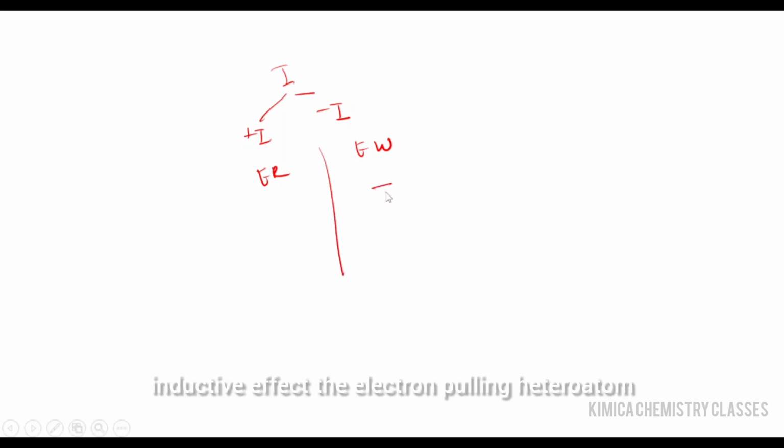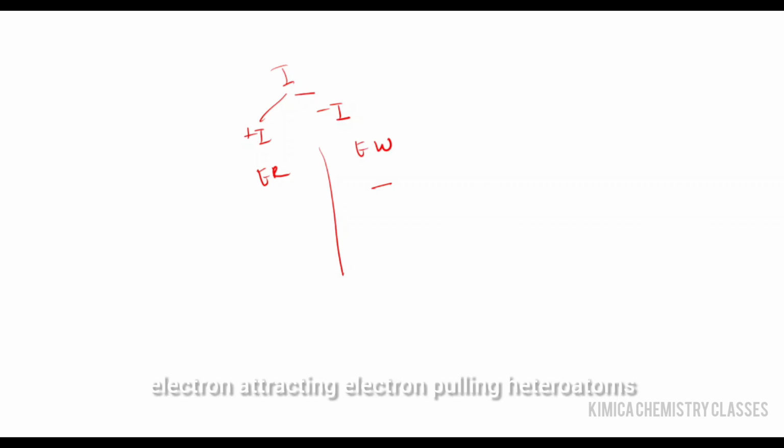Electron pulling heteroatoms or groups which have electron attracting capacity greater than the hydrogen atom are called electron attracting, electron pulling heteroatoms or electron withdrawing groups. Such a group, if attached to a carbon chain, causes displacement towards itself, and this is called the minus I effect.